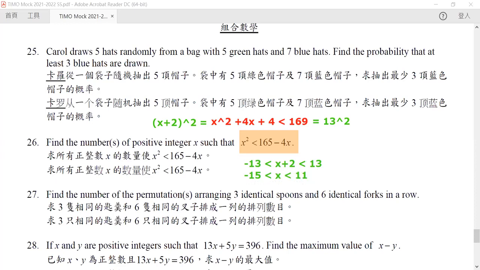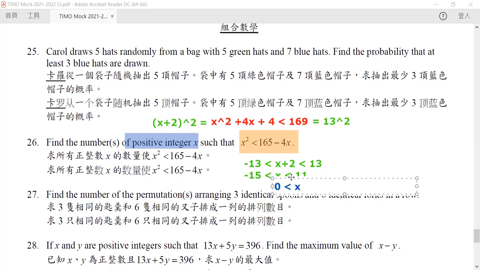Now, this one is only given to you by our equation here. We still have another constraint, the number of positive integers. So we also have another constraint, which is that x must be greater than 0.